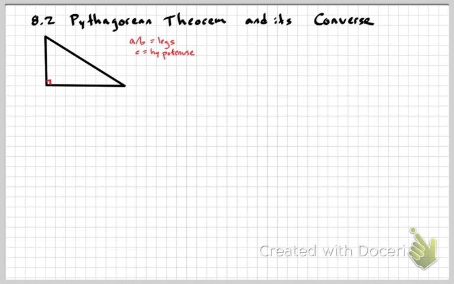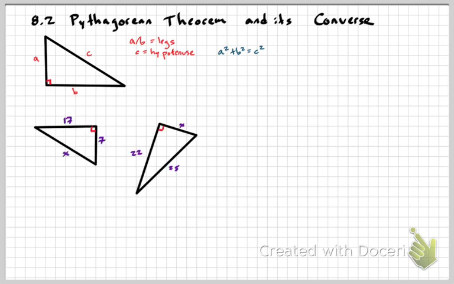Okay, so that means in this diagram, this would be A, this would be B, and then this long side would be C. And hopefully we all remember that our Pythagorean theorem is A squared plus B squared equals C squared. Right? And in the past, we've talked about, okay, when we solve this, can we use a calculator to get the decimal amount, or maybe we had to do a simplified radical. So please be aware that you might be asked to do one or the other or both.